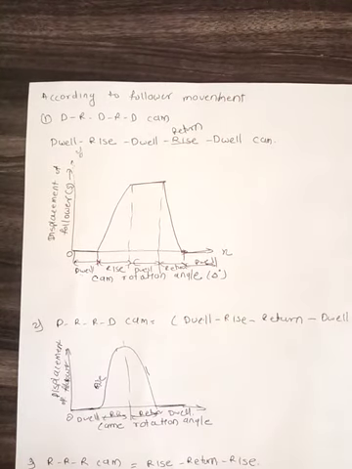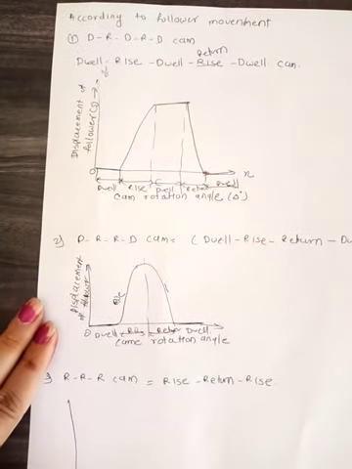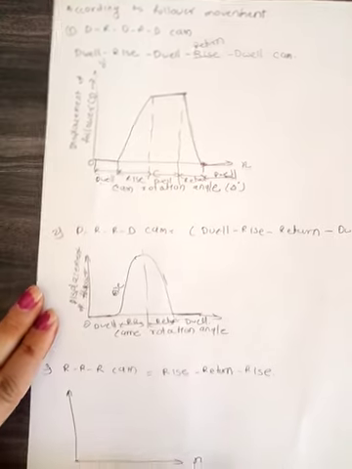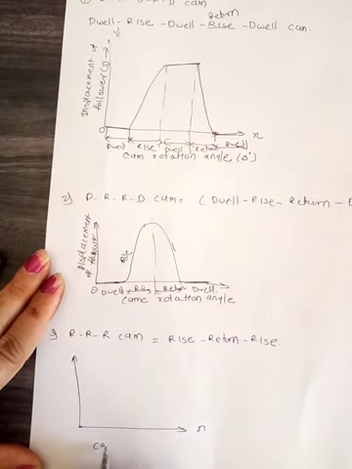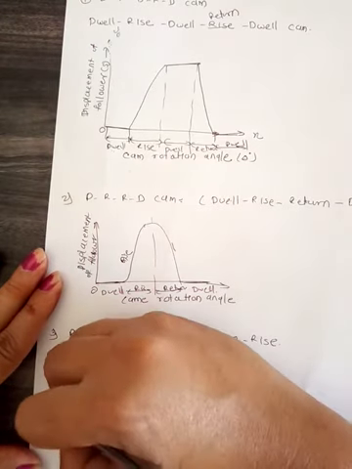The x-axis is the cam rotation angle theta, from 0 degrees, and the y-axis is the displacement of the follower.